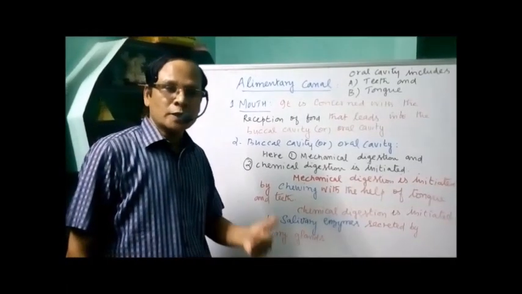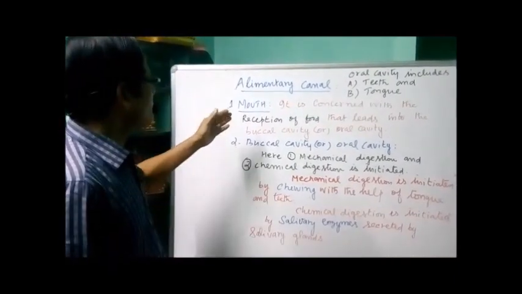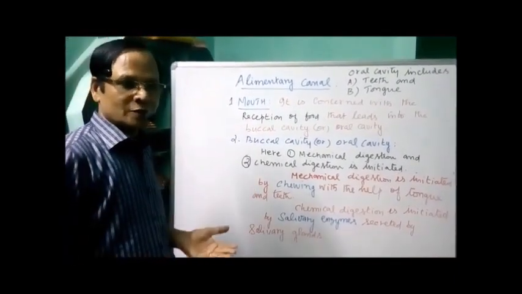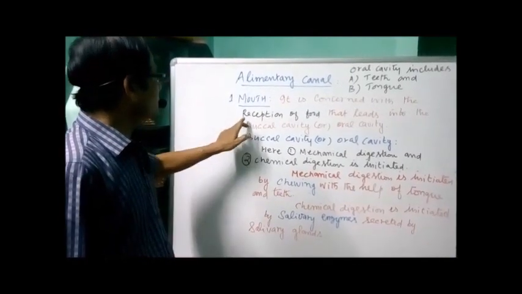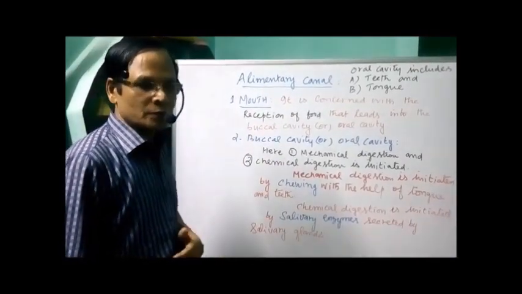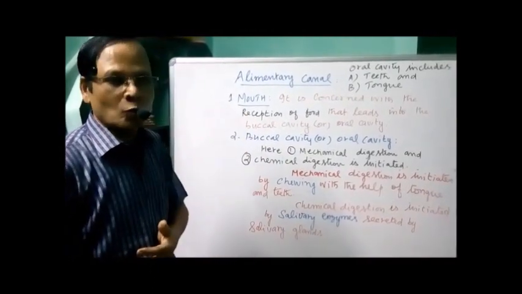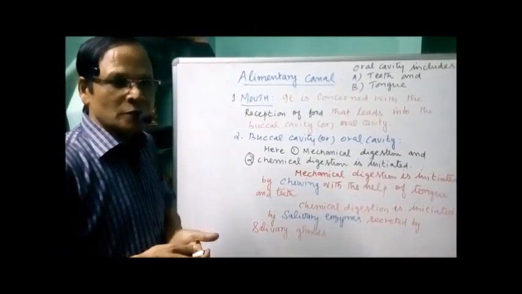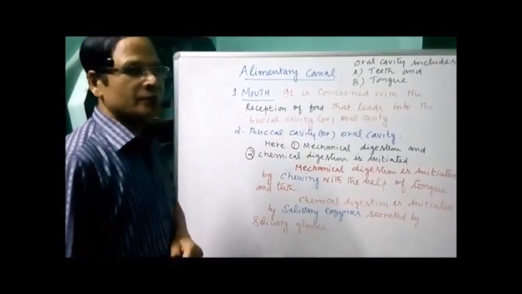Now, let us see the various components of the alimentary canal one by one. The first one is the mouth. What is its function? I mentioned already it is an anterior opening concerned with the reception of food, the intake of food. The food is received only through the mouth, the oral opening, which leads into the second part, the buccal cavity or oral cavity.